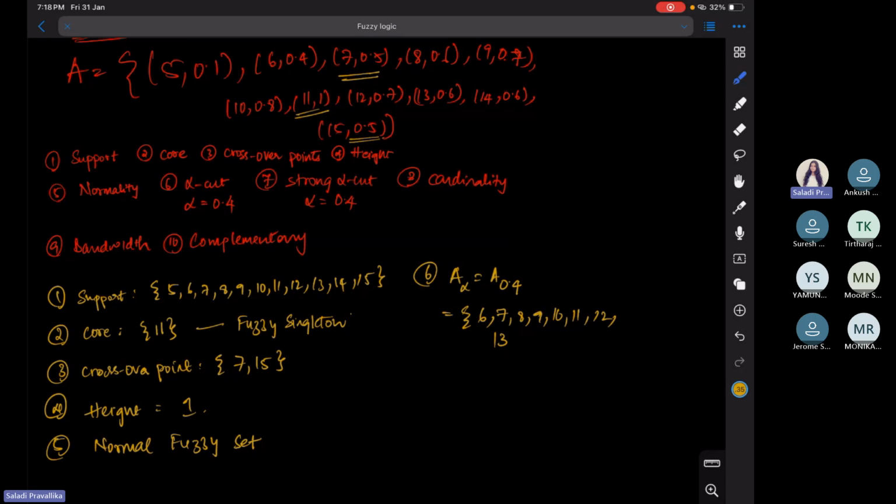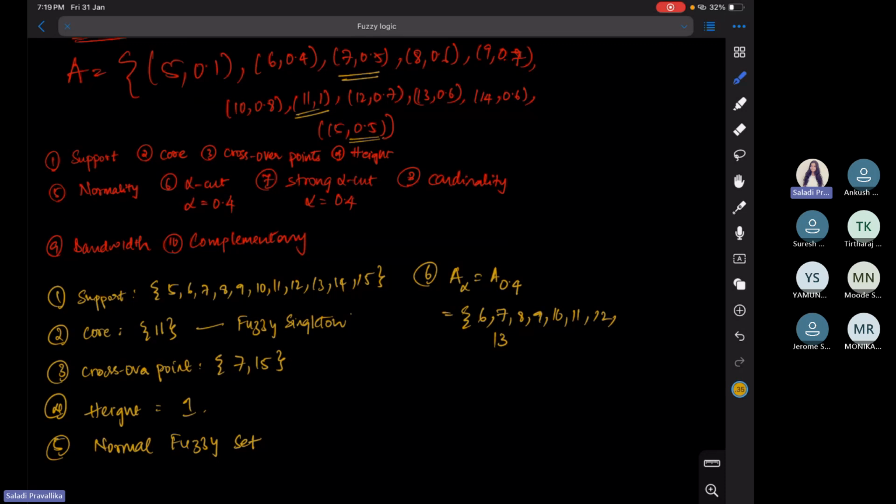For the height of the fuzzy set A, it is equal to 1. Since the height is equal to 1, it is called a normal fuzzy set. If it is less than 1, then it is a subnormal fuzzy set. Now let's look at the alpha cut at 0.4. At x equal to 5, the membership value is 0.1, which is less than 0.4, hence we are not taking it into the alpha cut.